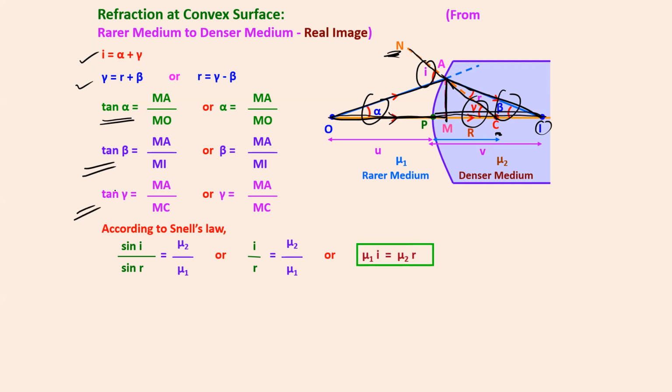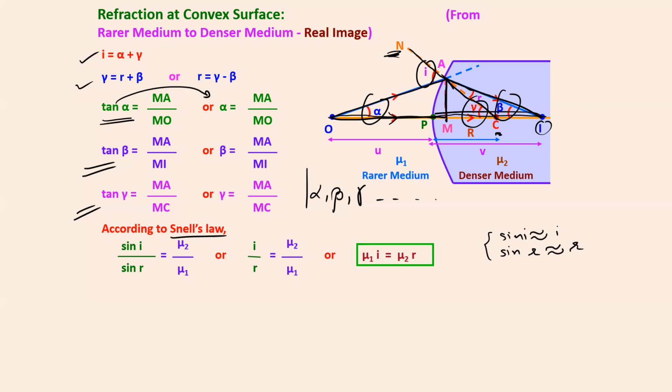For three different triangles, I can get alpha, beta, and gamma. Since alpha, beta, and gamma are very small angles, in place of tan alpha, I can write alpha. Snell's law says that sin i by sin r is equal to mu2 by mu1. Since angles i and r are very small, in place of sin i I can take i, and that is how I got mu1 i is equal to mu2 r.